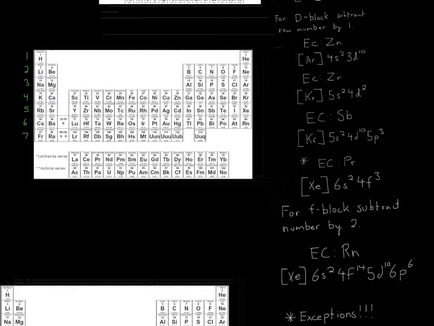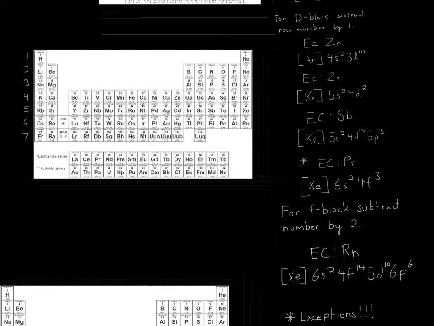So what do we do? Well, these two, right, fit where the stars are. As you can see, the 1 star is here, 2 stars are here. So this star fits right here. These 2 stars fit right here. So this fits right here. So what does that mean? Well, it'll be in the 6th period.